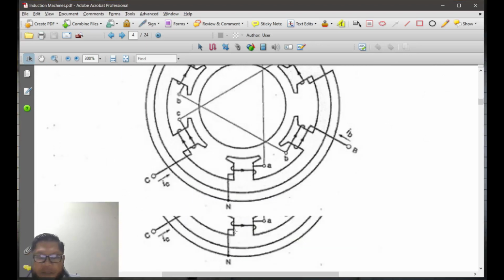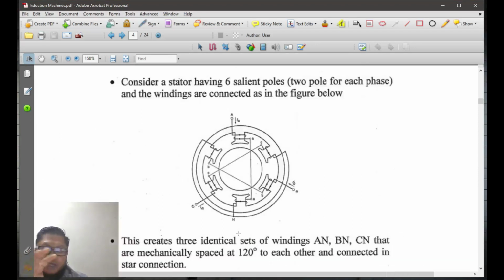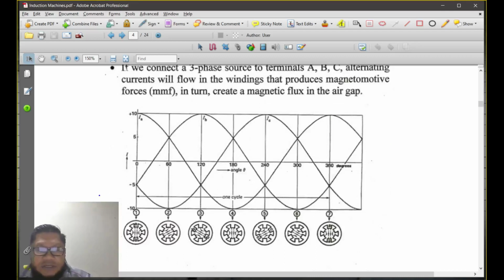Okay, so let's look at how the magnetic field revolves, how it rotates. Let's consider this sinusoidal current flow. We start with IA at maximum.